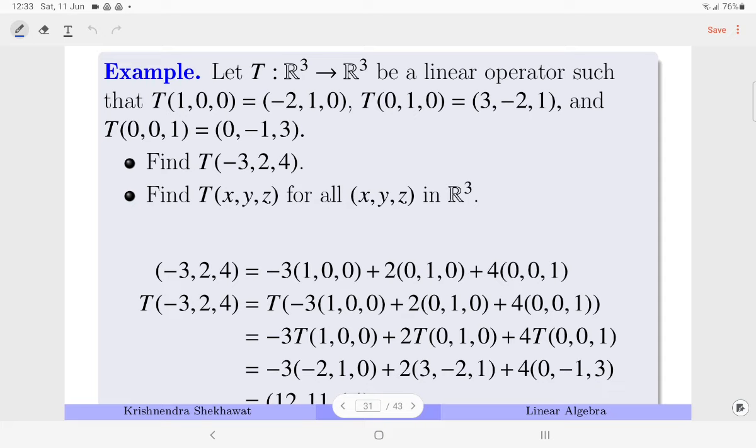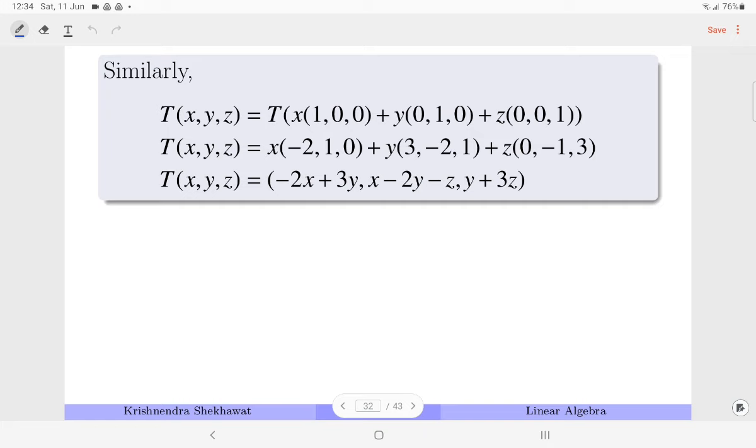And the same approach can be used to compute T(x,y,z). So please do remember this question, because here the linear transformation is not given explicitly, it is given implicitly, and using the given information we computed T(x,y,z), which is as follows.